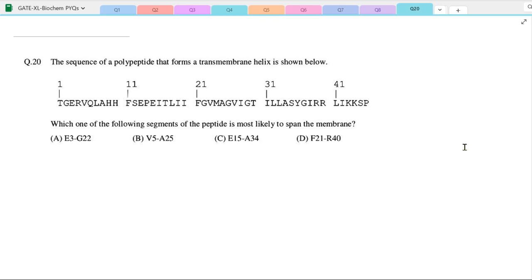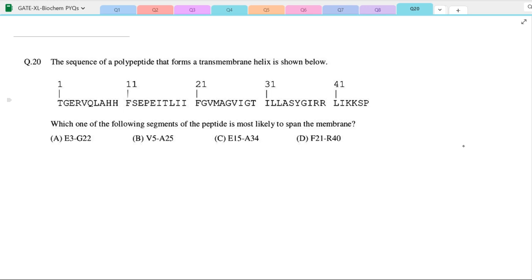So here, the sequence of a polypeptide that forms a transmembrane helix is shown below. So it's a big polypeptide. Which one of the following segments of the peptide is most likely to span the membrane? There are many methods by which you can solve this question. However, I prefer going with the deduction method because sometimes it can be really confusing, especially when you have these sliding window theorems and stuff like that.